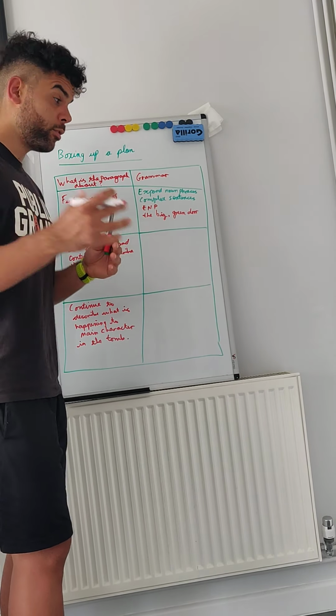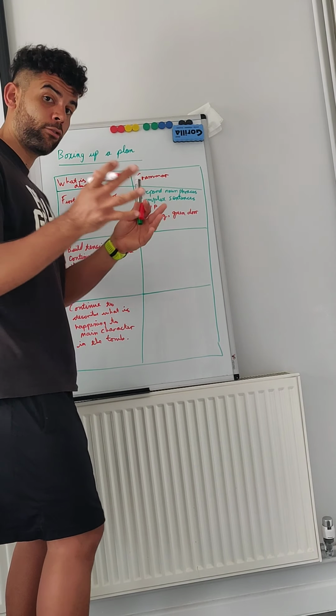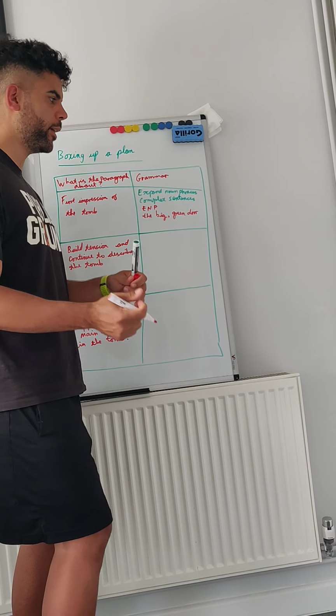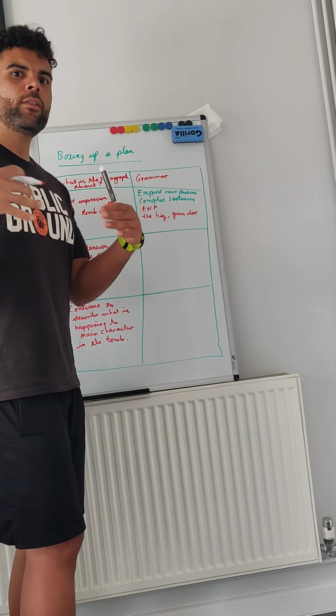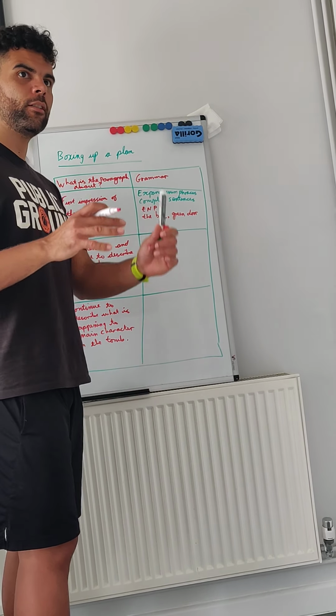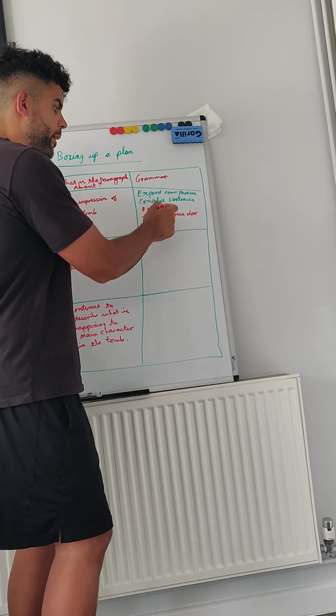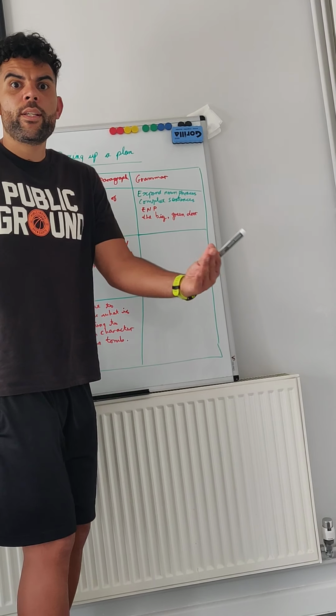Now this is an expanded noun phrase, which is great, but then I challenge you to add more detail, okay? So you're going to then use a prepositional phrase. A preposition tells me where things are. So where is this door? The big green door, where is it?